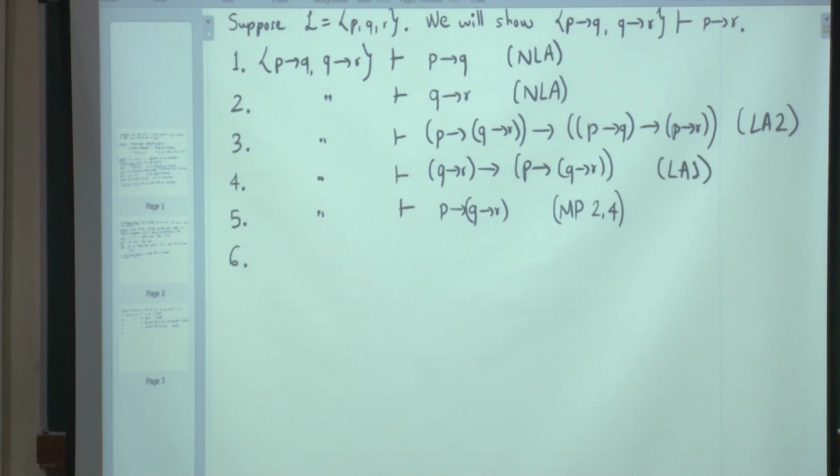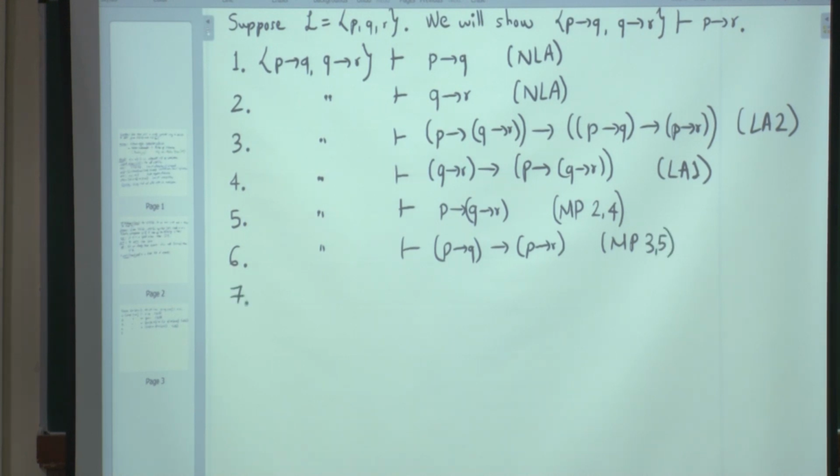Okay, 6th one. So once we have P implies Q implies R, what can you conclude? See, this part is same as the first part of line 3. So I should use modus ponens. So I should say P implies Q implies P implies R, and I am going to use MP35.